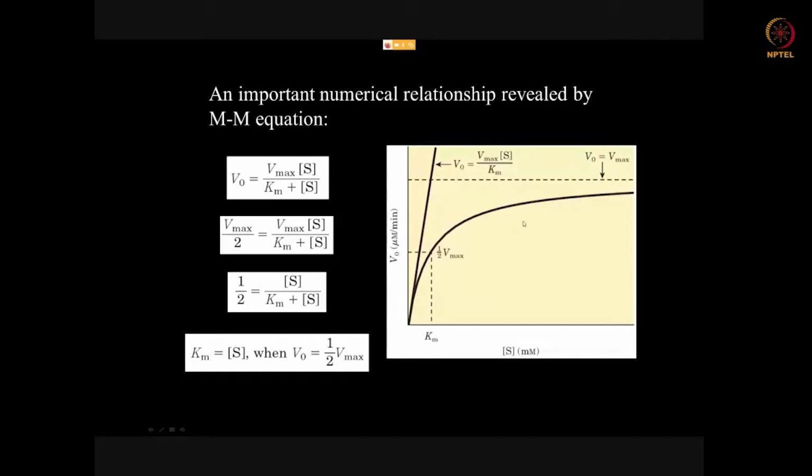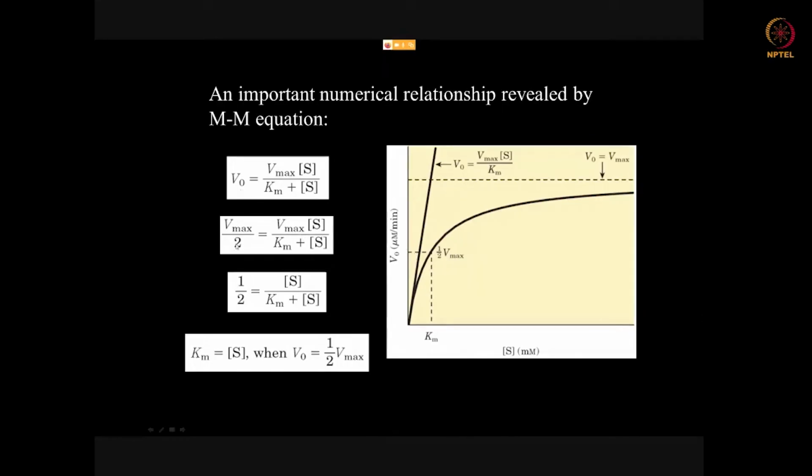Okay. So having done that, now we look at another important relationship that the Michaelis-Menten equation reveals, and that is the value of Km itself. Imagine the velocity is roughly half of the Vmax that is possible.